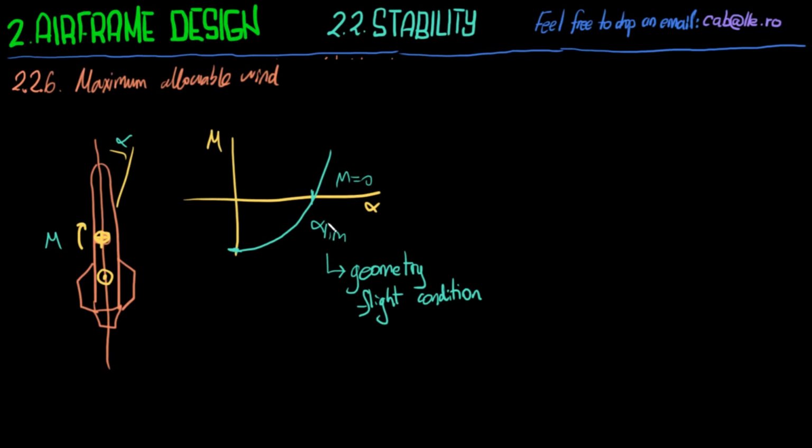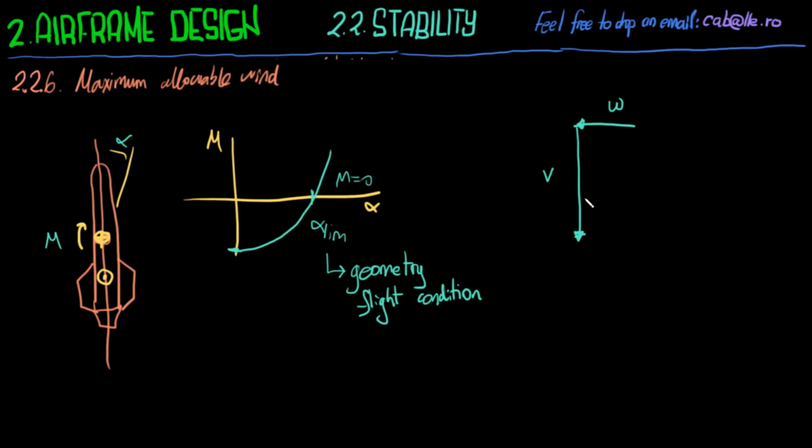So we can make a case in which we have a vertical rocket that is flying at a velocity v. So the rocket feels a wind of magnitude v, and suddenly it finds itself with a wind w, a crosswind.